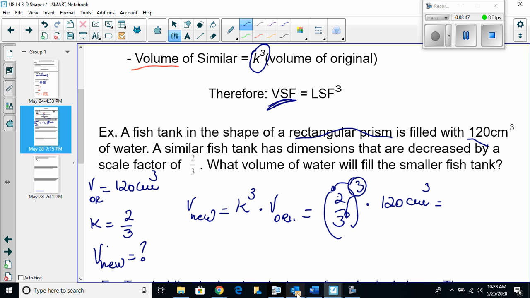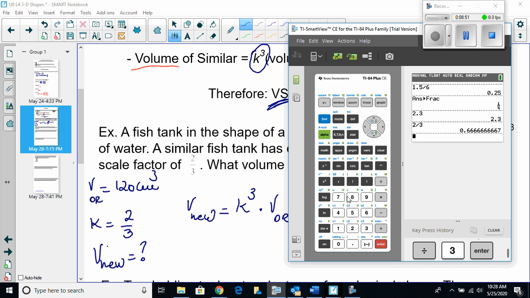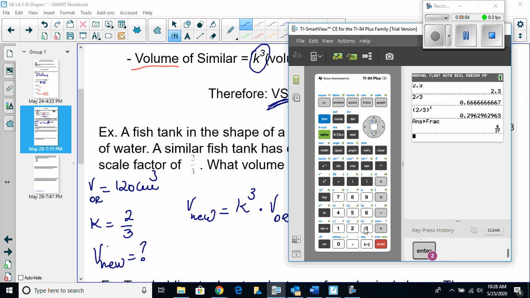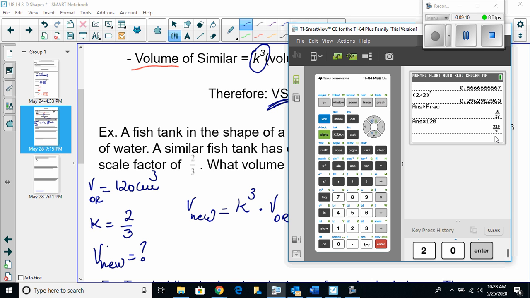Or you can use the calculator and go (2/3), close brackets, to the power of 3. And again, if you want to convert it into a fraction, then you will have this times 120, which is 320/9.